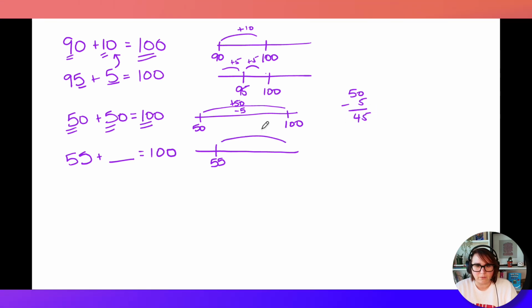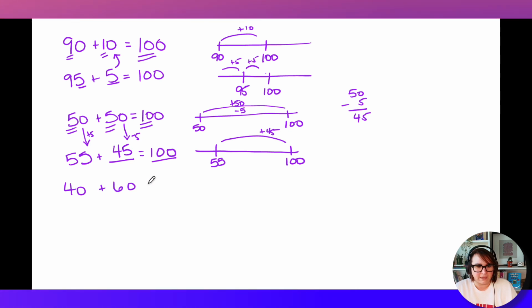So if we add 45, do we get 100? Yeah, this one is going to be 45. So again, here we can see this balancing. These two equal the same thing, but here we added 5 and here we subtracted 5, and we're still getting 100.